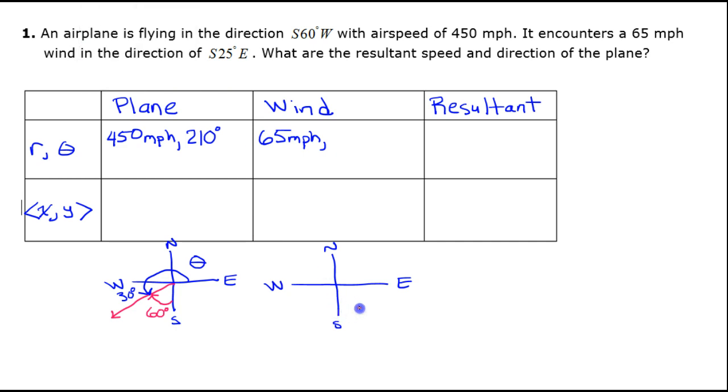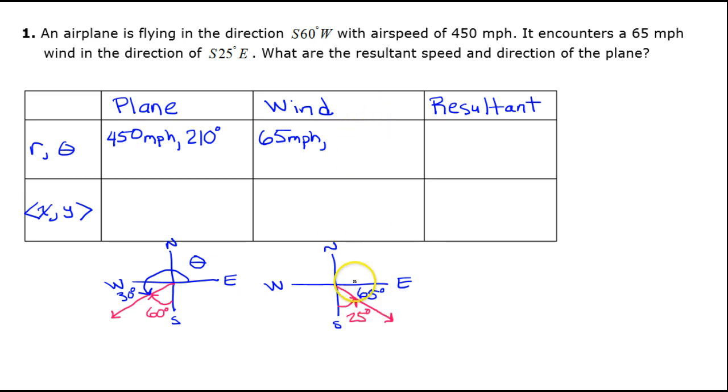So south, 25 degrees east means start at south and turn 25 degrees towards the east. So this is 25 degrees, and the vector is here. Again, it would be helpful to have this reference angle. So 90 minus 25 will give you the complementary angle. So the reference angle is 65.